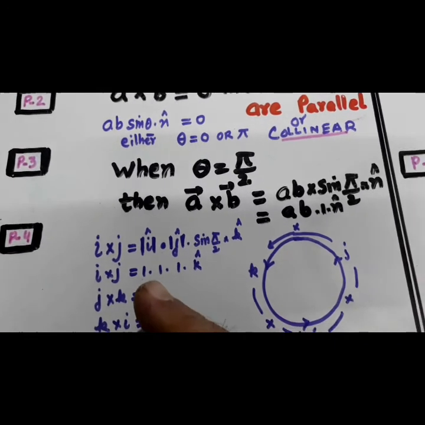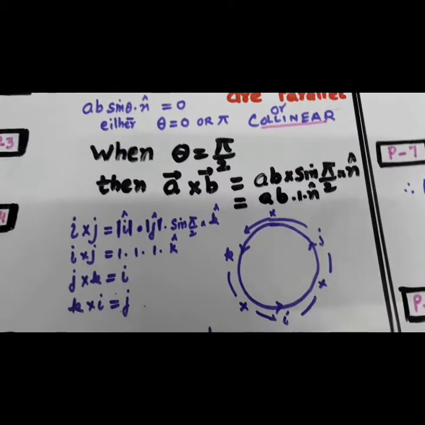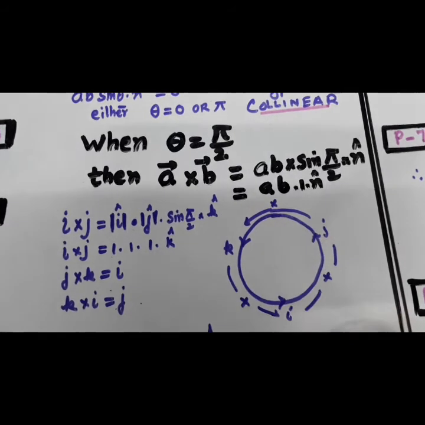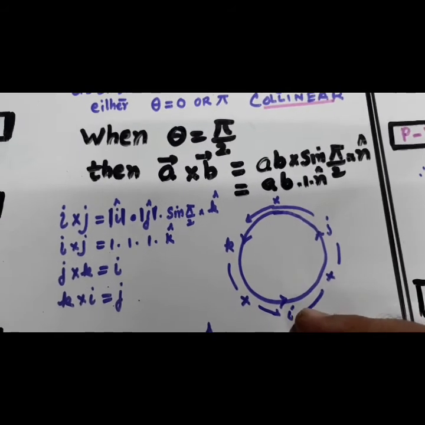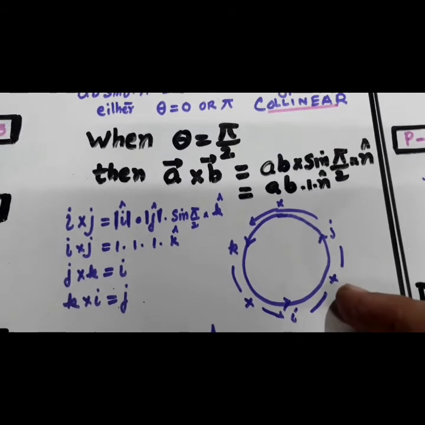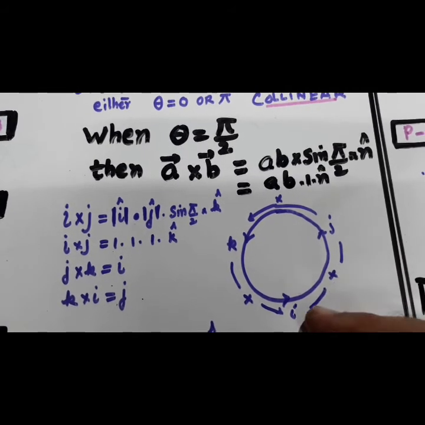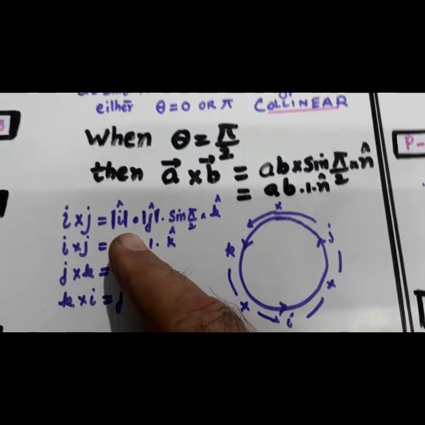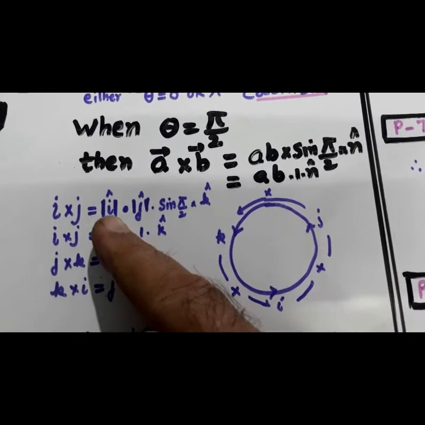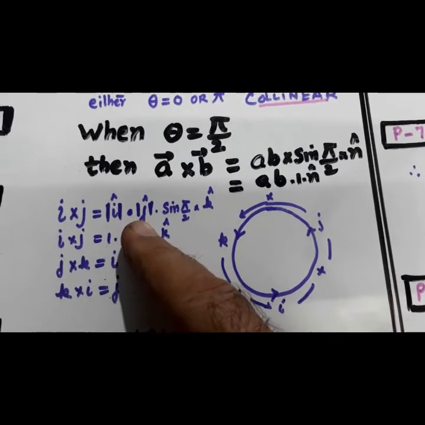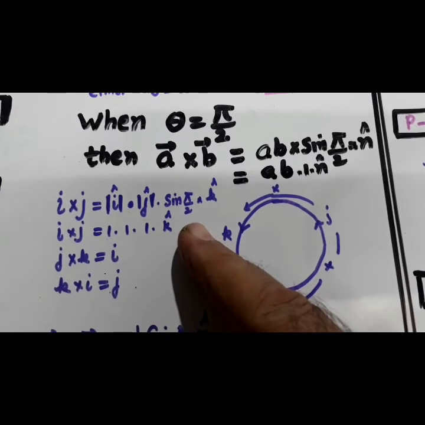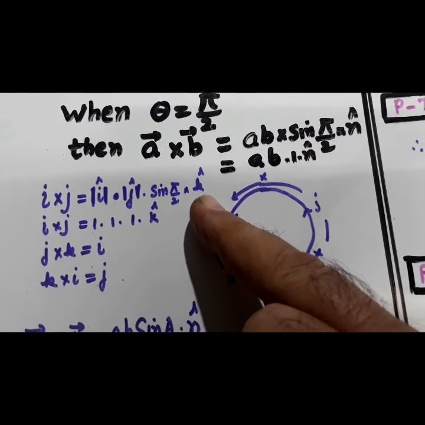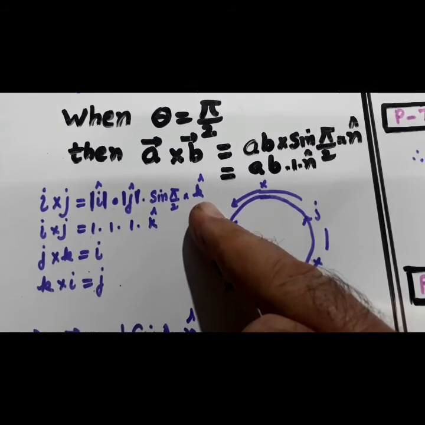Now, I cross J, look here, make a circle like this, write here I, J and K. When you have a cross product of I and J, this is I cross J. The scalar component is magnitude of I, magnitude of J, sine pi by 2, as I and J are 90 degree, and into n कैप की जगह k कैप आ जाएगा.